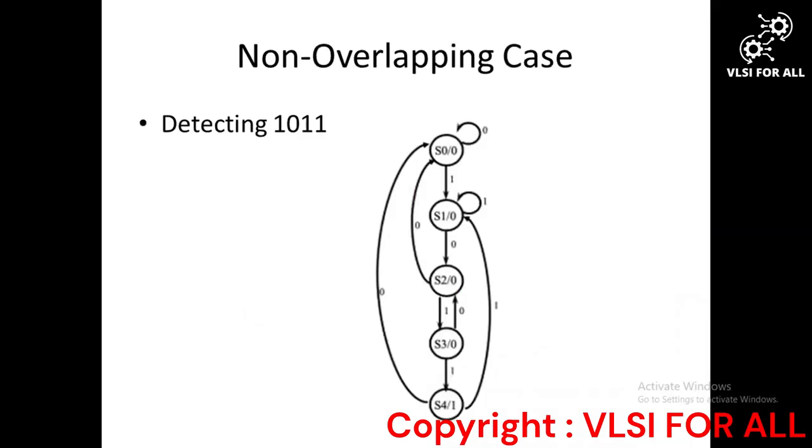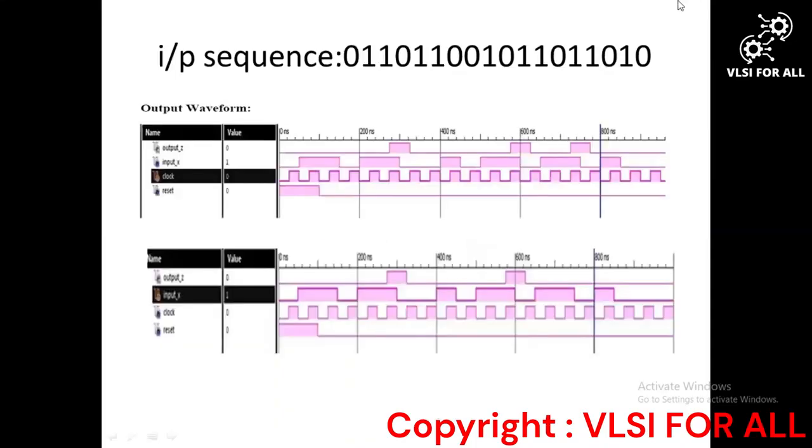Now for the non-overlapping case, what will be considered? When you see this example, for the non-overlapping case, we will not consider the bits that were used earlier. We have to detect 1011 in the sequence. 1011 comes one time here, and after that 1011 comes one time here.